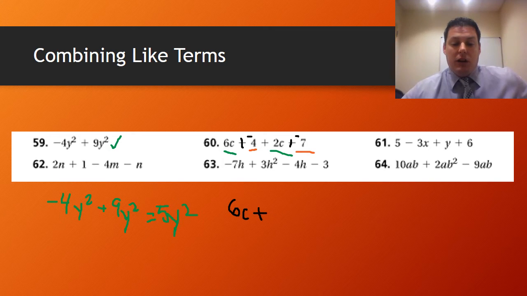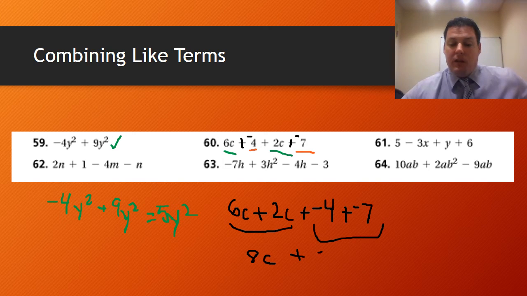We're going to write it in order, so I want the other c, and then I can add the constants. Everything's easier when we're adding. So we combine these two things, and we combine these two things. We should have 8c plus negative 11.